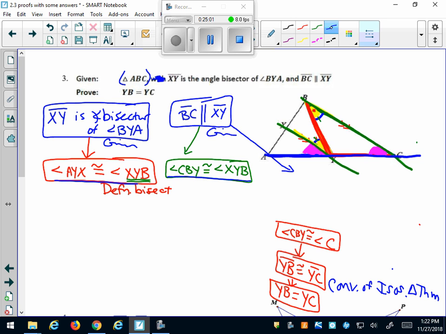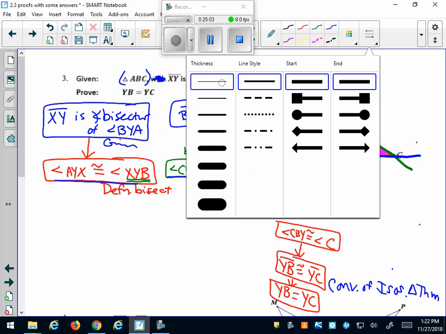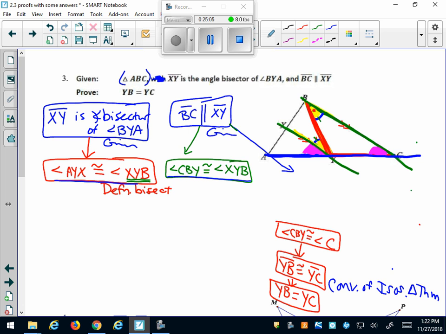Okay, good. So, from this same given that the lines are parallel, you could say angle, this one we called angle AYX, is congruent to angle C.